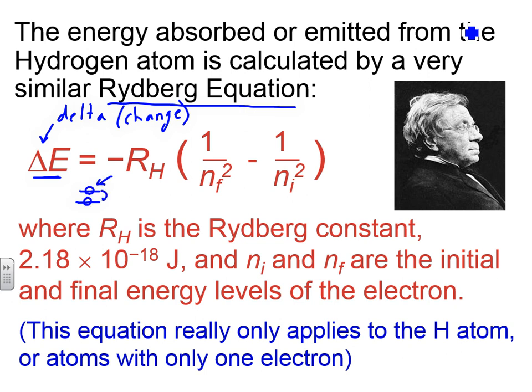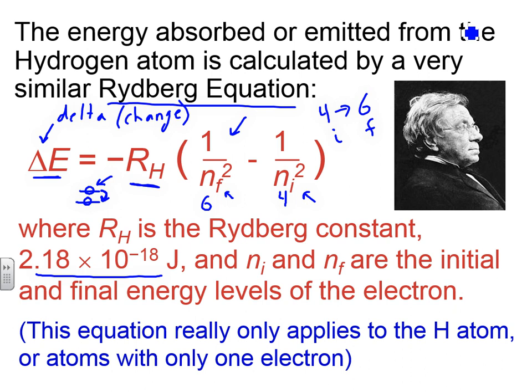This again is the constant that we saw, 2.18 times 10 to the negative 18 joules. Then we've got 1 over n squared final, which refers to the final energy level, minus 1 over n squared initial, which means initial level. Say the electron is jumping from level 4 to level 6, it jumps up. This is the final level, this is the initial level. You just put 4 in here, square that, 6 in here, square that, and calculate it, and you'll get how much energy the electron releases or absorbs.